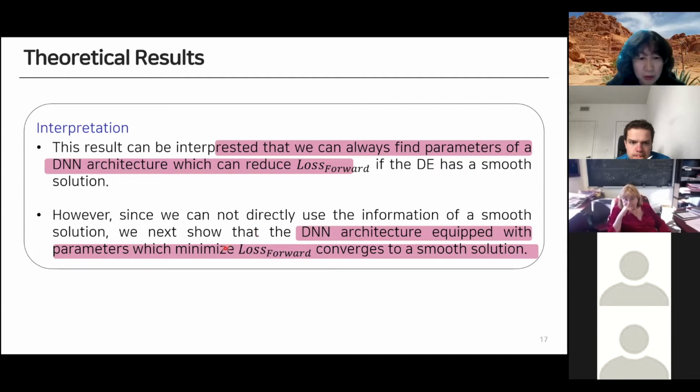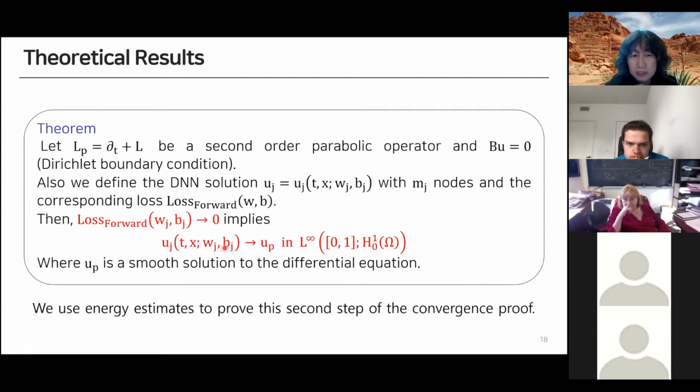So let us see. This is the complete mathematical description of what I said in the previous slide. In other words, if the forward loss goes to 0, it implies this approximate solution really converges to an actual solution in a suitable Sobolev space.